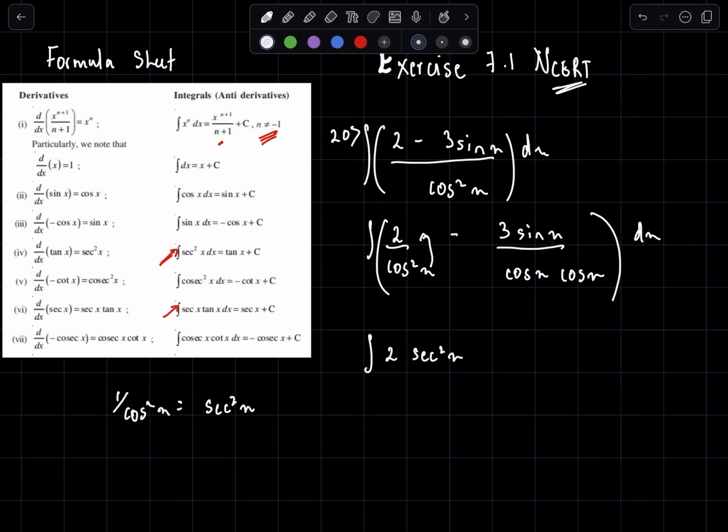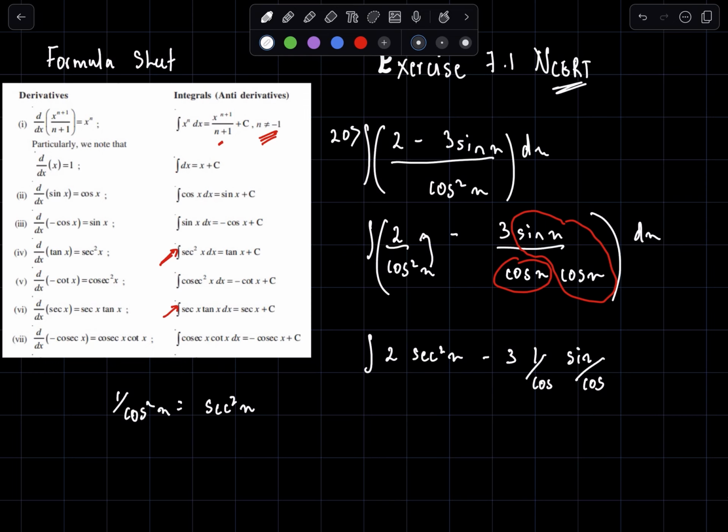So, like we said before, what is sine divided by cosine? And then we have cosine as one of them. So this can be written as minus 3 times 1 over cos times sine over cos. Correct?